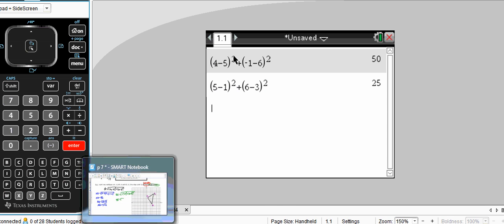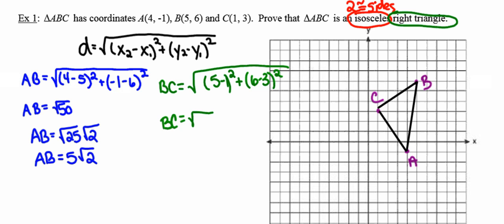So in this question, underneath the radical goes 25. 25 is a perfect square, and its square root is 5. So distance between points B and C, or in other words, the length of line segment BC, is 5 units long.